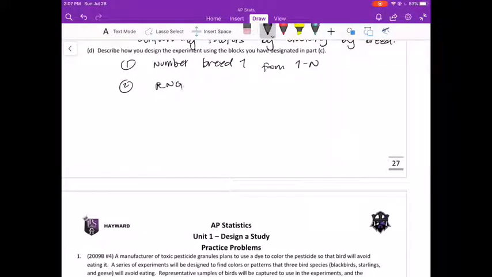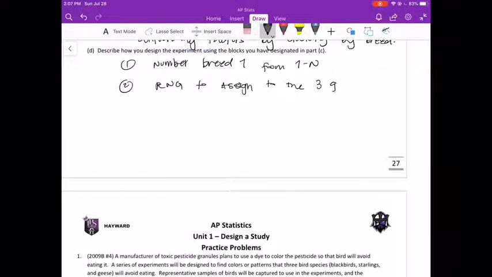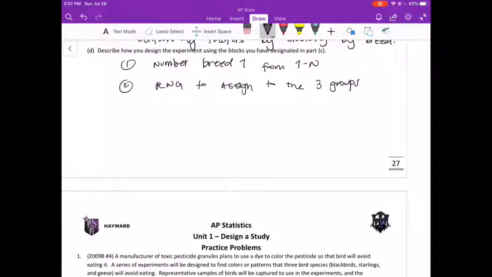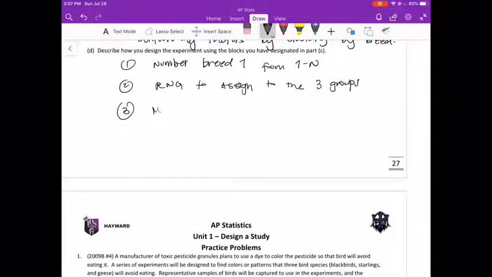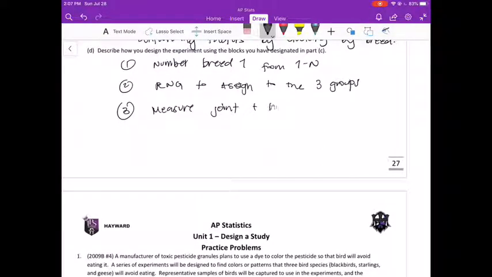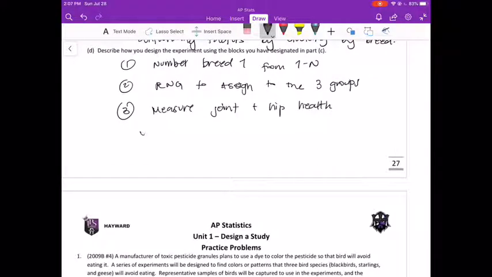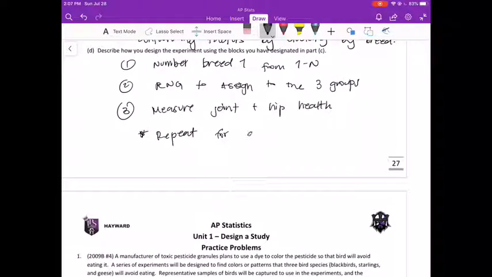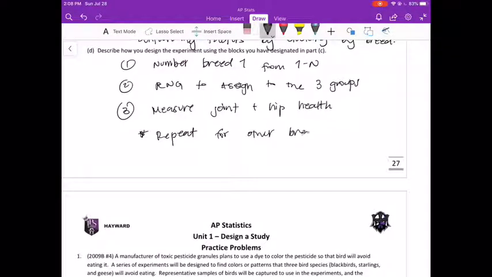Two, use a random number generator to assign to the 3 groups. And then 3, measure joint and hip health. And then repeat for other breeds. Okay.